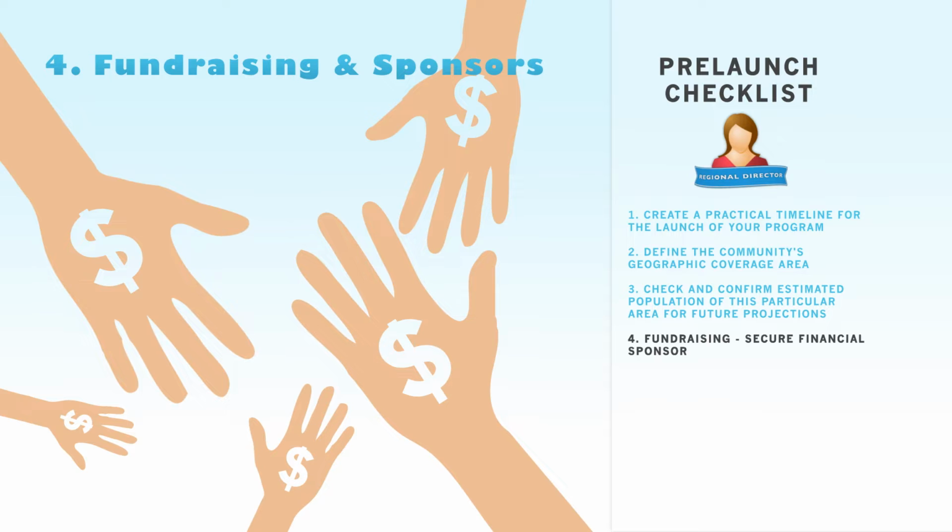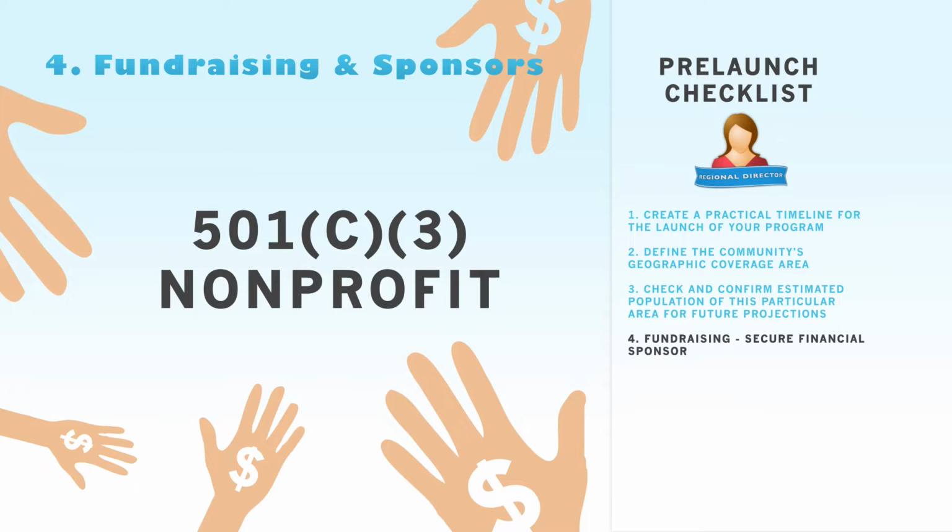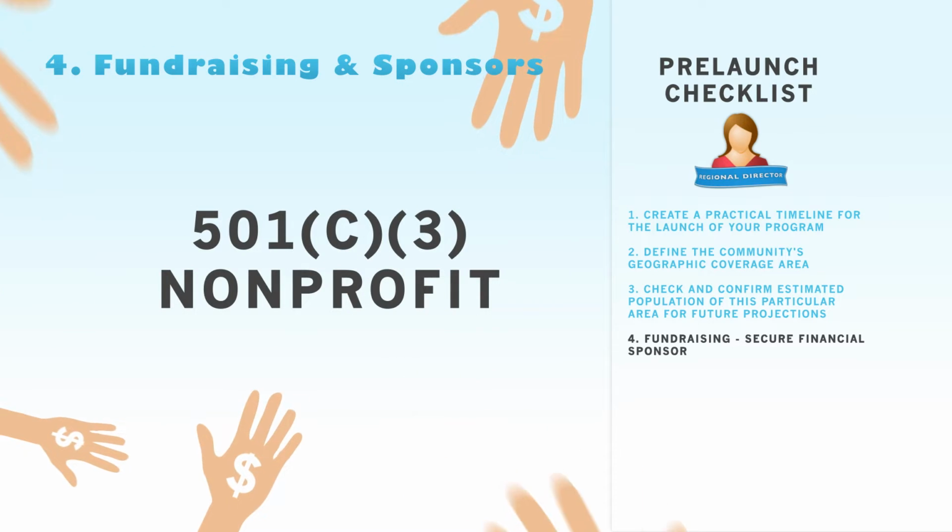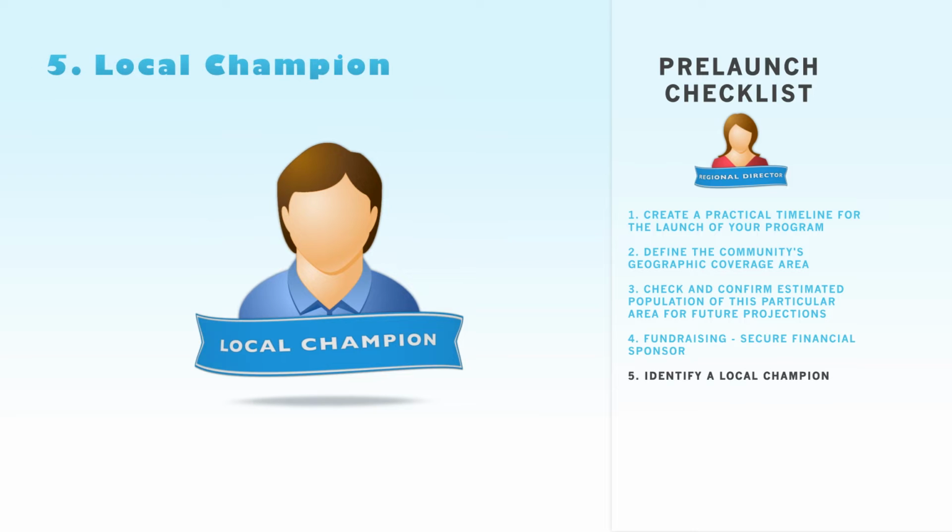In the USA, it is essential to collaborate with a 501c3 nonprofit organization as a sponsor or local champion. All of the people who help sustain your program will have different responsibilities, and the champion's role is key, so make sure you choose wisely when identifying your champion.